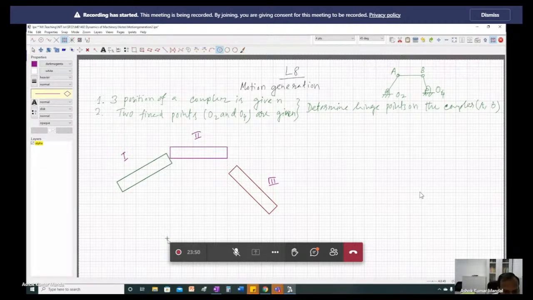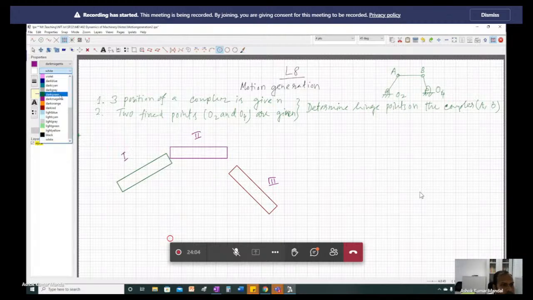Suppose this is one hinge point. I am drawing a bigger circle just to exaggerate it, as that is a point.